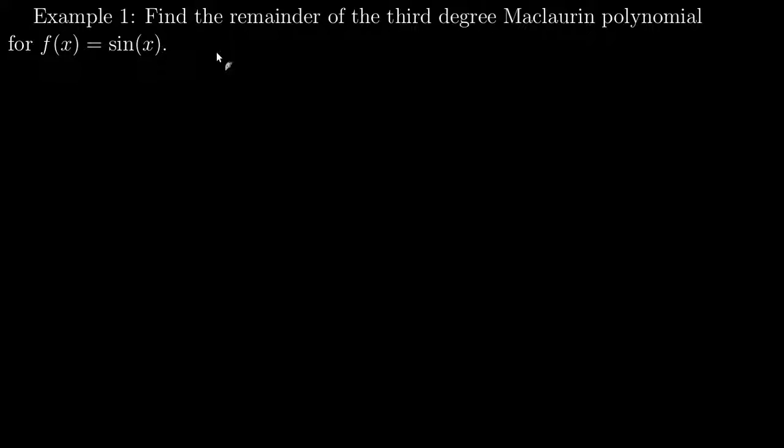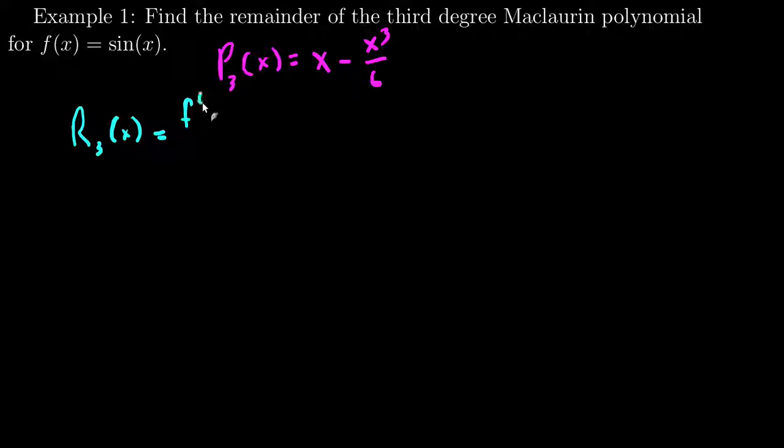Now, before I even go on, not necessary for this problem, but recall that the third degree Maclaurin polynomial for sine of x is going to be x minus x cubed over 6. Now the remainder, we just need a few pieces here. So I need the next derivative, the fourth derivative of sine x.